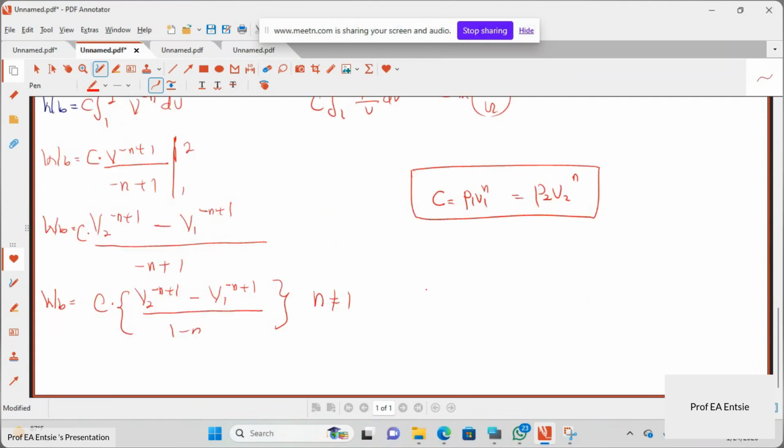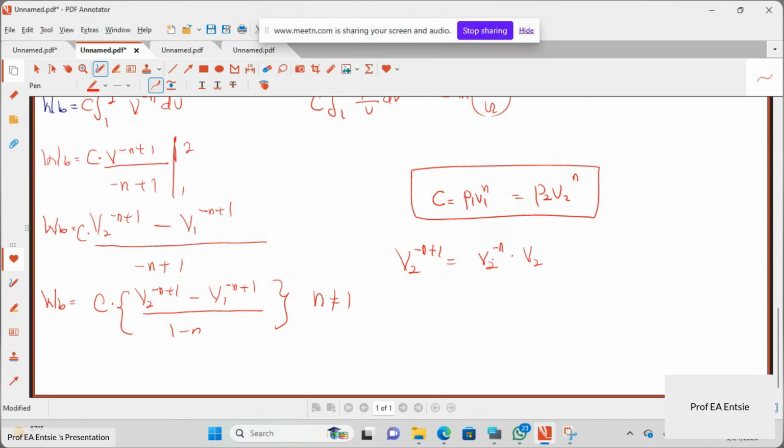But in a polytropic process, no. The volume is raised to the power of n, making it a little bit different. So we know that V2 exponent negative n plus 1 could be written as V2 exponent negative n times V2.